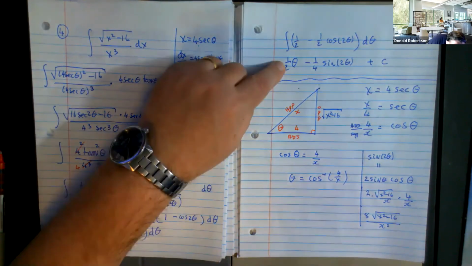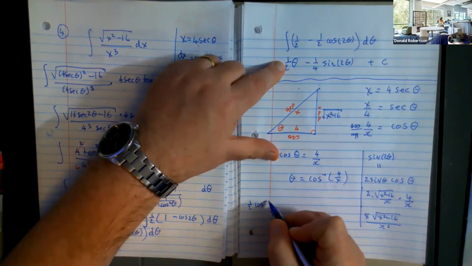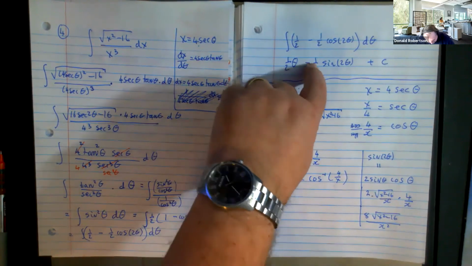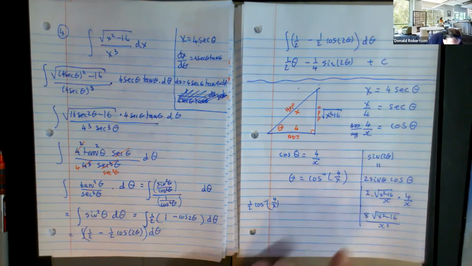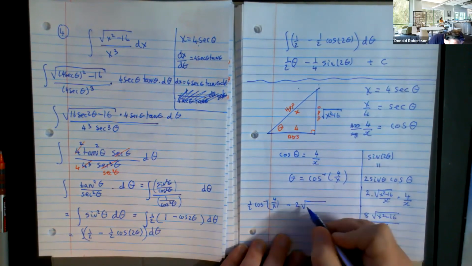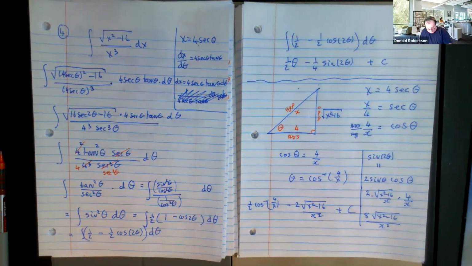Okay, 1/2 theta is 1/2 of this. Take away 1/4 of this. 1/4 of this gets you -2. I'm getting better. 15 minutes.